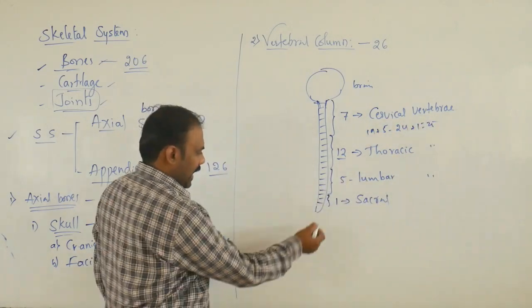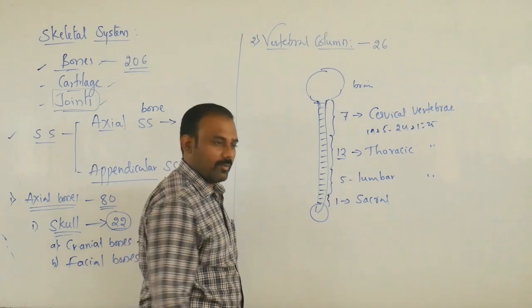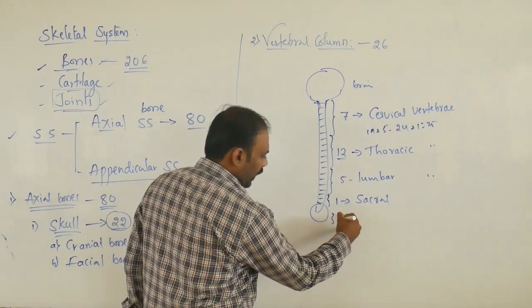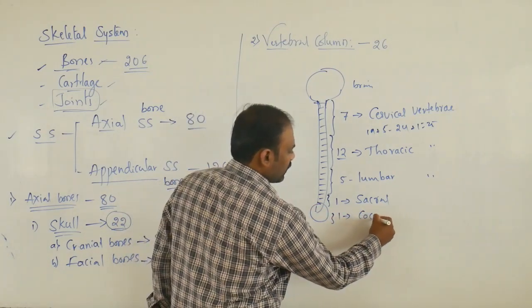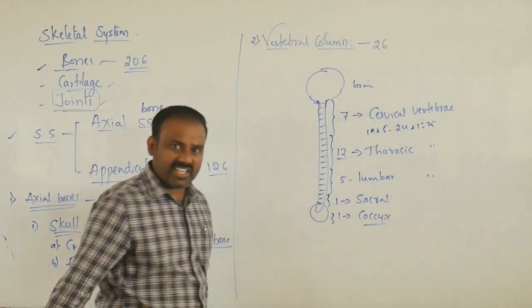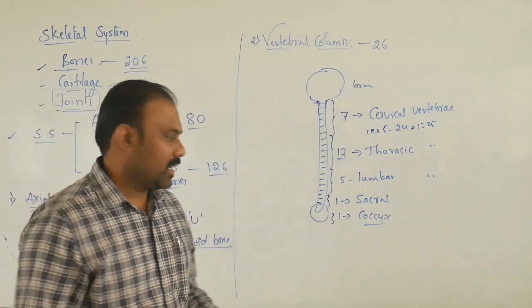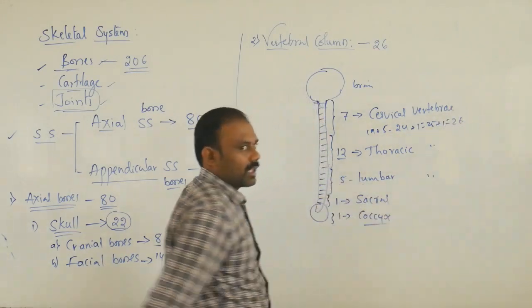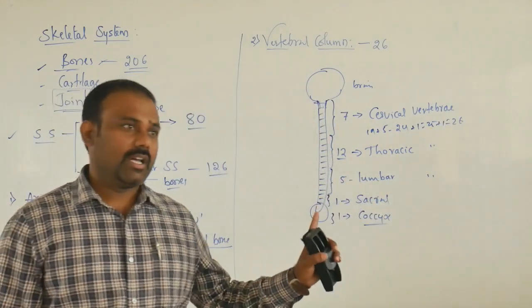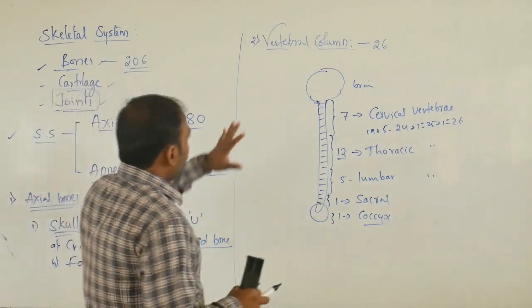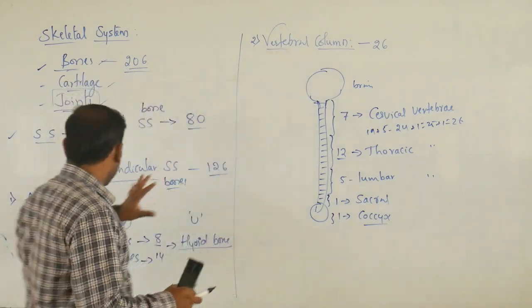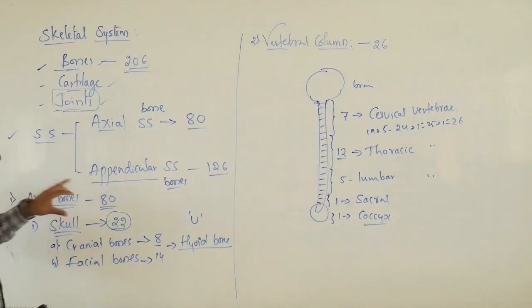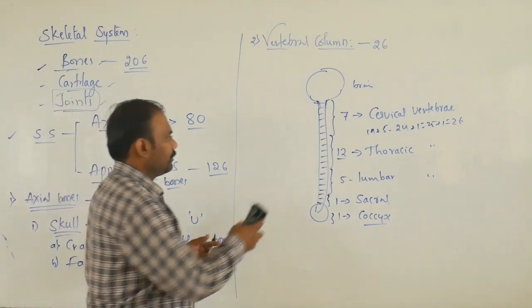And last, at the end of this vertebral column, we will be having one, that is coccyx, or coccygeal. So now 25 plus 1 is 26. I hope you understand. This vertebral column also comes under axial bones, in the 80 bones.